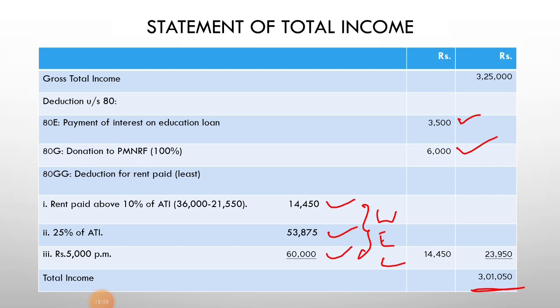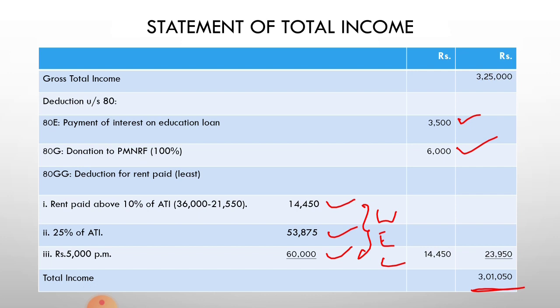So, this is about section 80GG, that is deduction in respect of rent paid. Here a self-employed person or salaried person who is not receiving house rent allowance can claim deduction under section 80GG if he is staying in a rented house. If he is staying in a self-occupied house property, he cannot claim deduction under section 80GG.